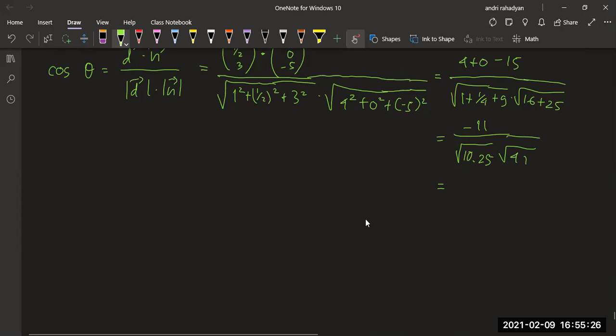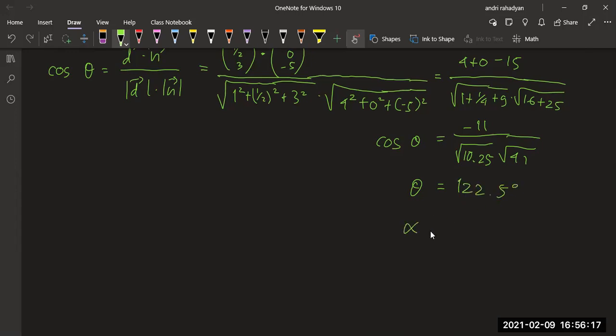This is cos theta, so theta is the inverse cos of minus 11 over root 10.25 times 41, which is 122.5 degrees.